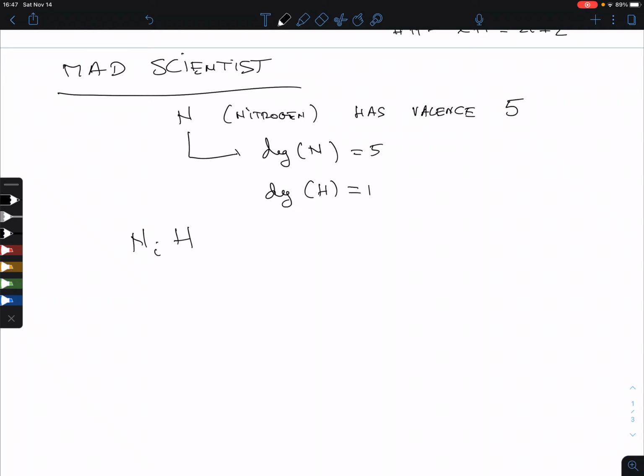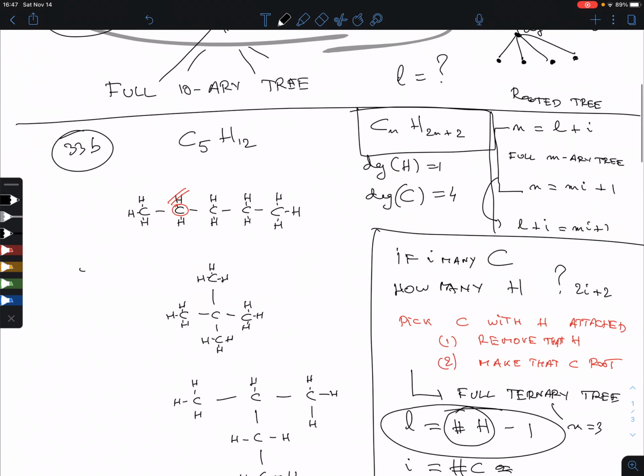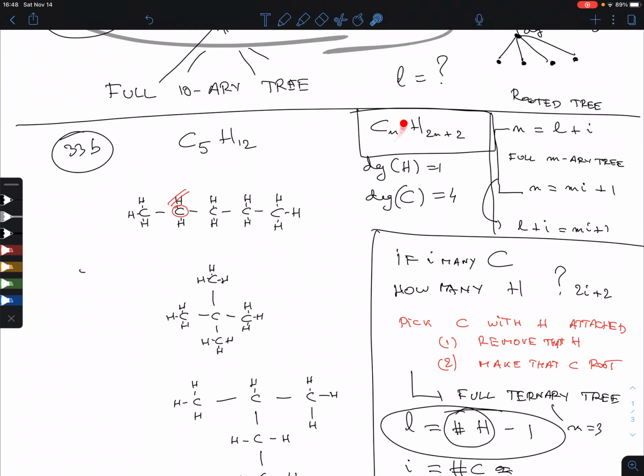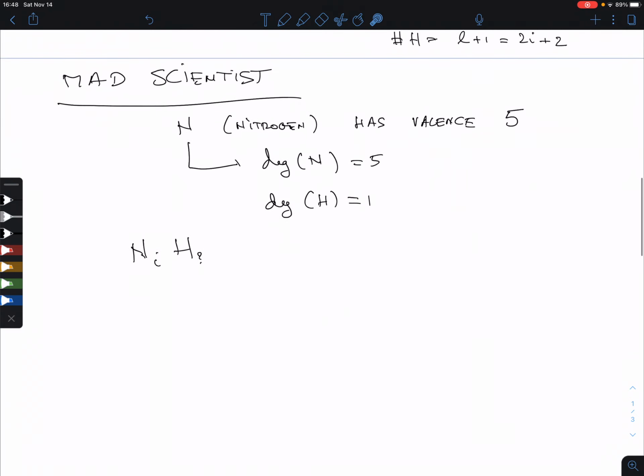And that's the question. If I want to make a molecule with I many nitrogen, how many hydrogens should I use here? So I put a question mark. So it's the same question, but instead of carbon, which has degree 4, I now do nitrogen. It has degree 5. Okay. So remember, let's look at a possible case.